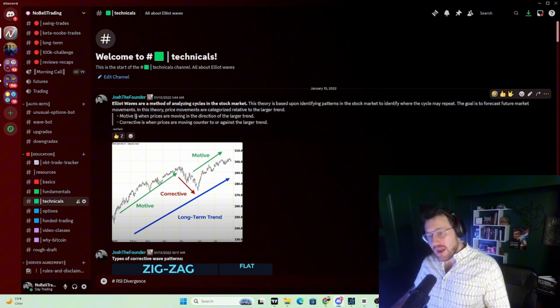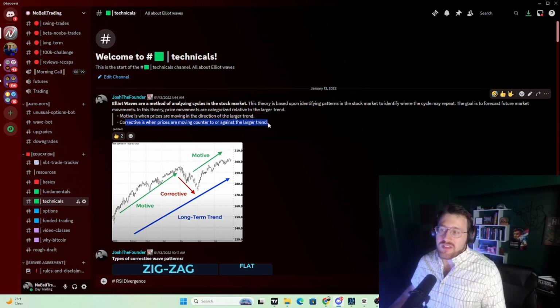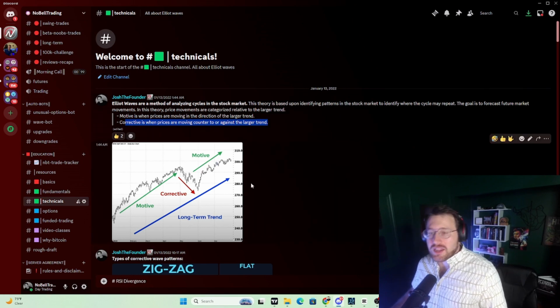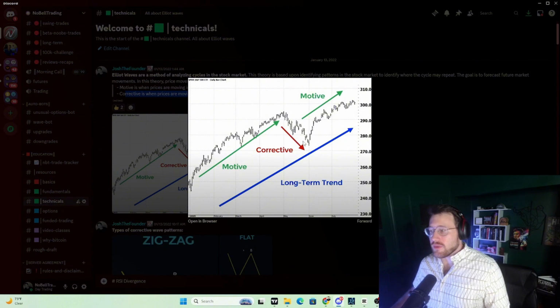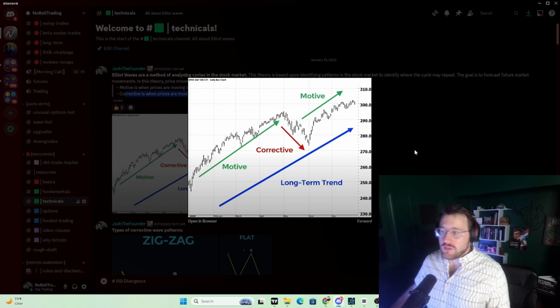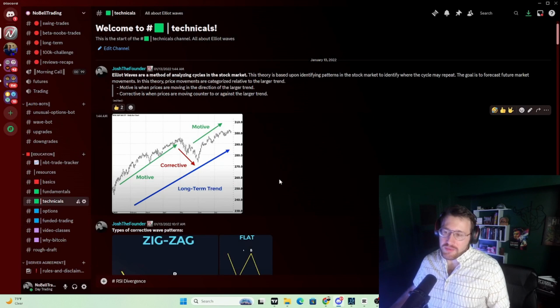So it's comprised of motive waves, which move in the direction of the larger trend, and corrective waves, when prices are moving counter to or against the larger trend. So here we have the motive wave, the corrective wave, the motive wave, and obviously this is a bullish trend overall. So you're going to try to use tools to say what is the most likely pullback we're going to see before we get the next motive wave.